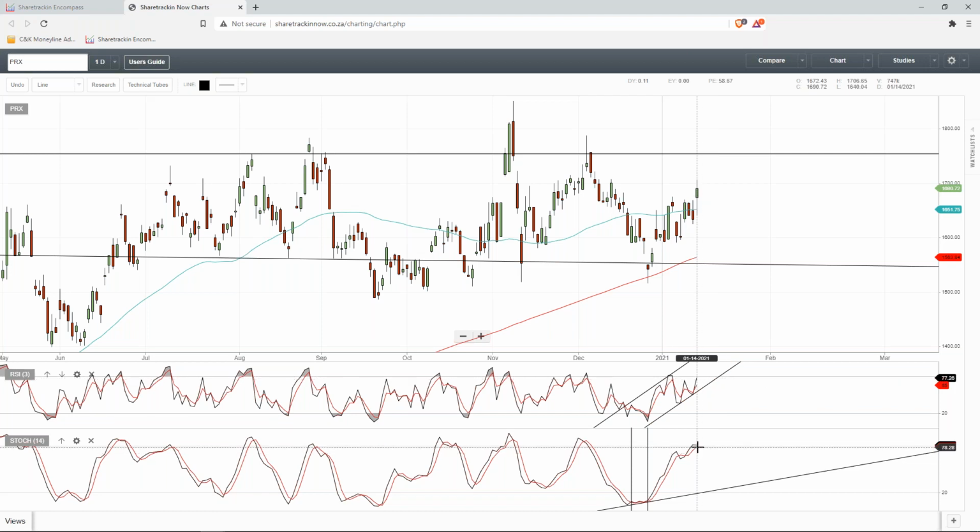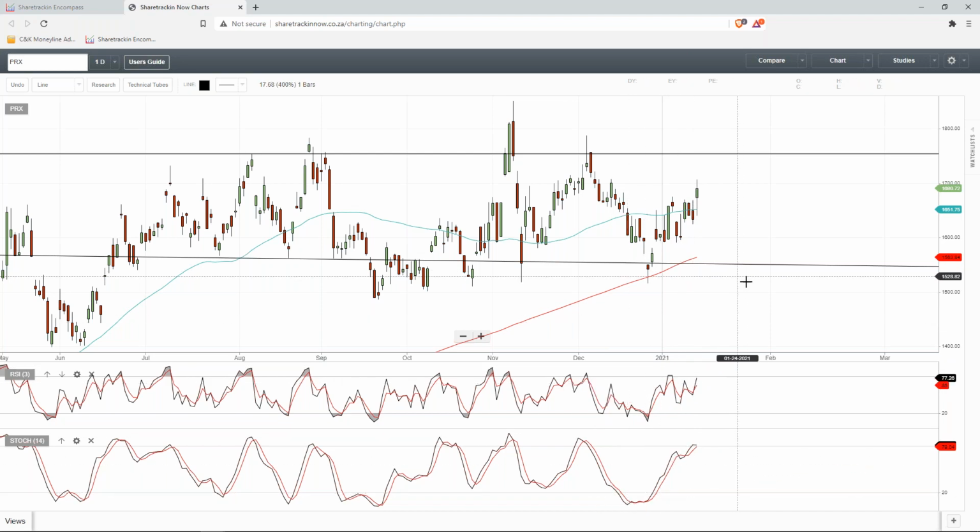Same thing over here: your stochastic wants to cross. Yes, we still have that converging trend, but not now, because this one wants to say sell and that one wants to say buy. When one says buy and one says sell, one contradicts the other, and that is a sideways indication, indicating that the share might go sideways.